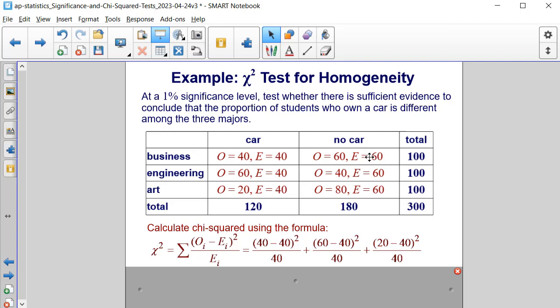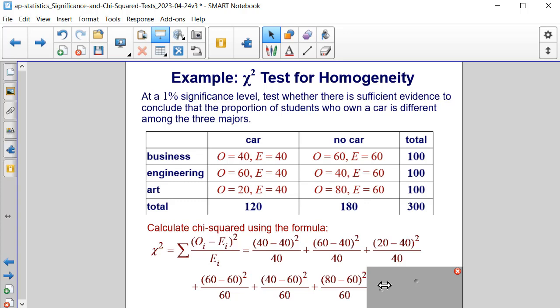And now let's do the formulas for the data that have no car. That'll be 60 minus 60, quantity squared divided by 60, plus we'll have 40 minus 60, squared, divided by 60. And then we'll have 80 minus 60 quantity squared over 60.